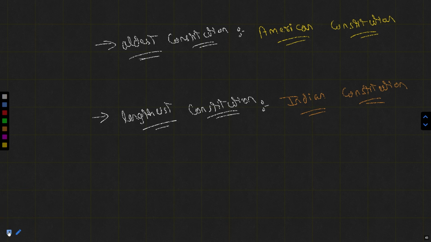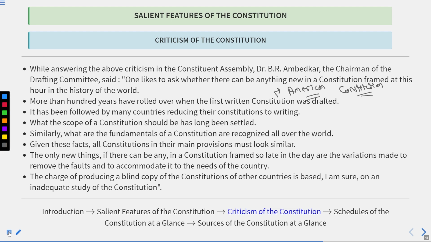So remember this thing. So he said that more than 100 years have rolled over when the first constitution was drafted. It has been followed by many countries reducing their constitutions to writing. What the scope of the constitution should be has long been settled. Similarly, what are the fundamentals of the constitution are recognized all over the world.